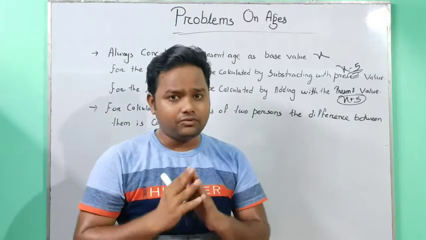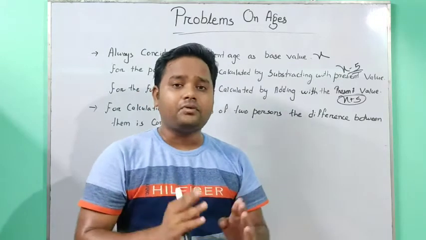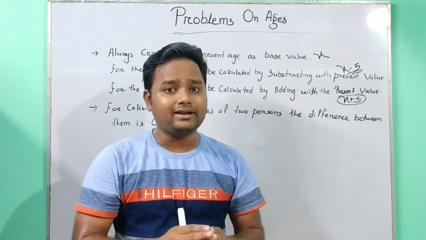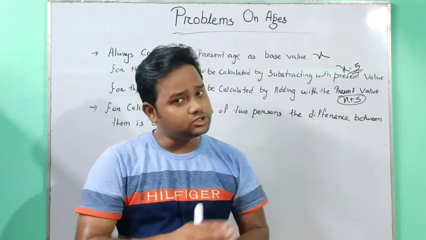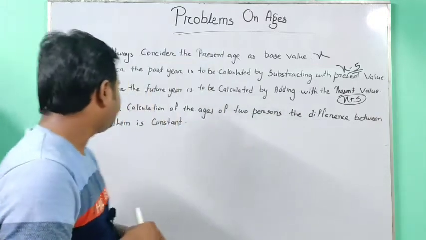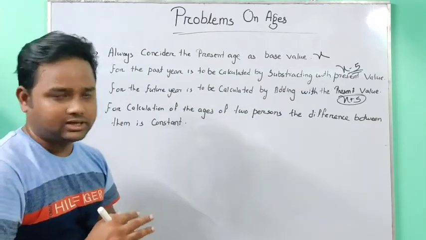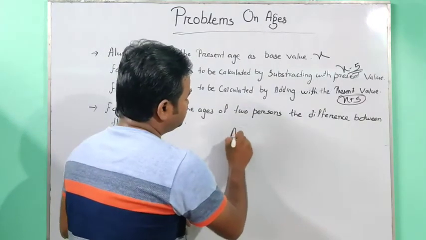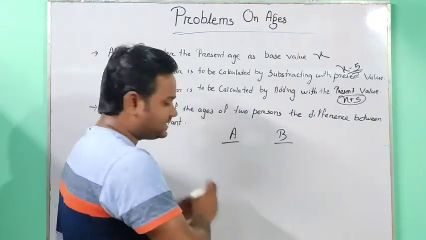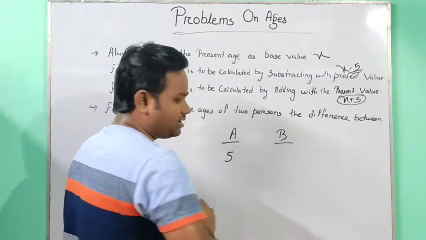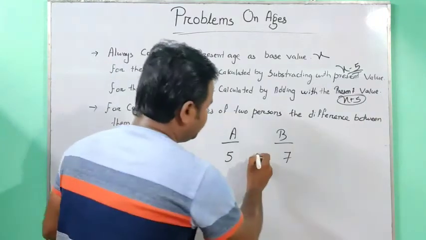The second point is, if you are calculating the ages of two persons, person A and person B, always keep in mind that the difference between the two persons' ages is the same, constant. For example, if the present age of A is 5 years and B is 7 years, the age difference is 2 years.